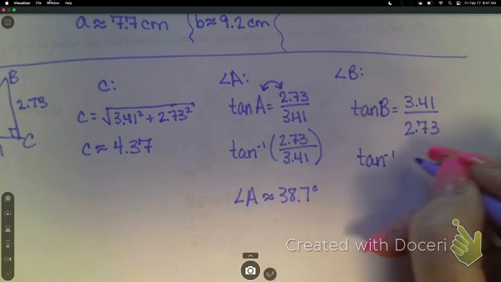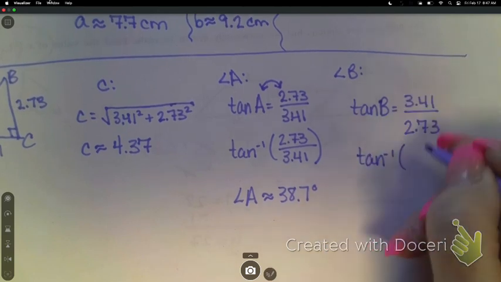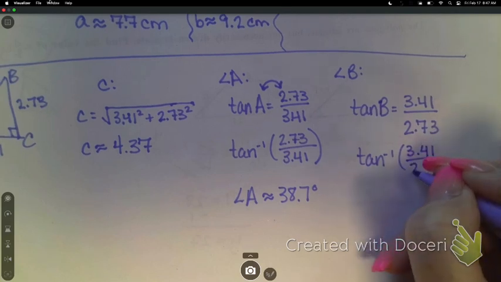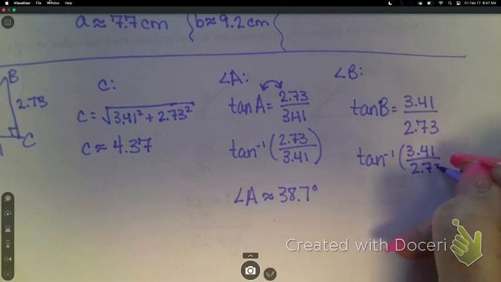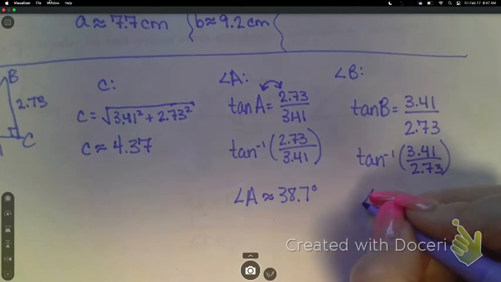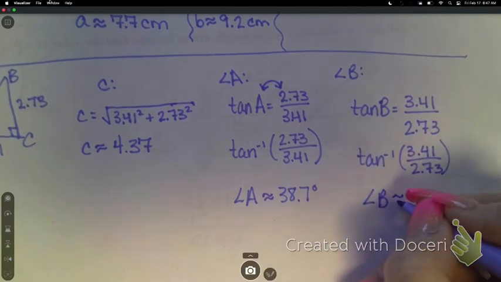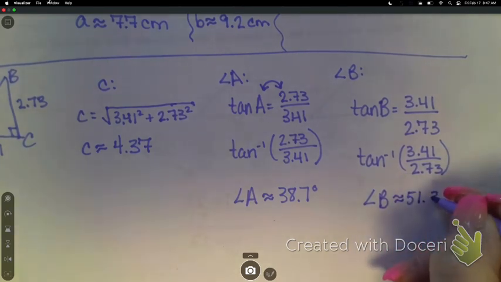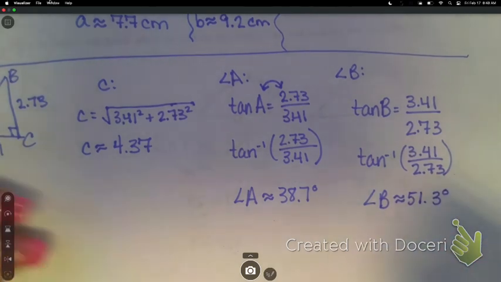Now, I would expect after today you wouldn't even do this first step, and that would be okay. So angle B is approximately 51.3 degrees. Could have also just subtracted from 90.